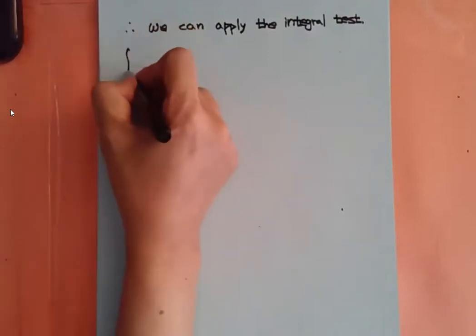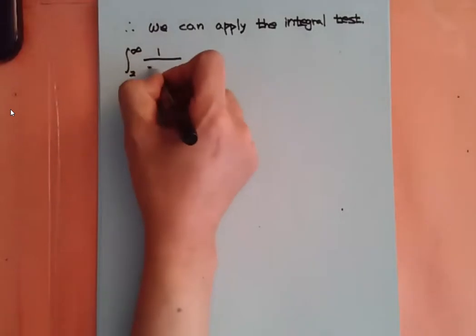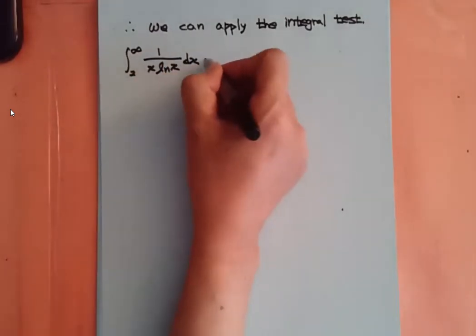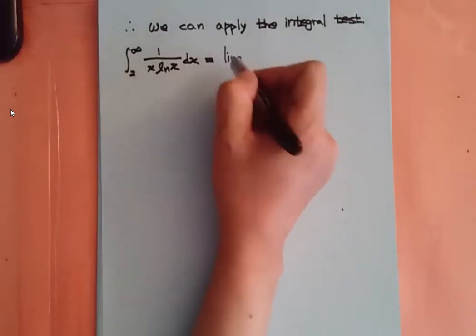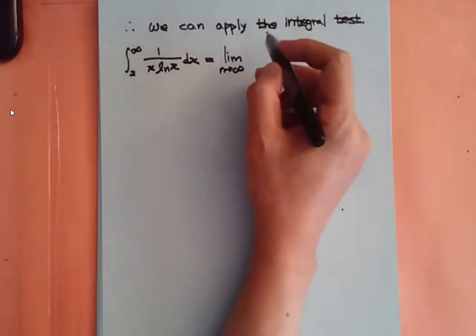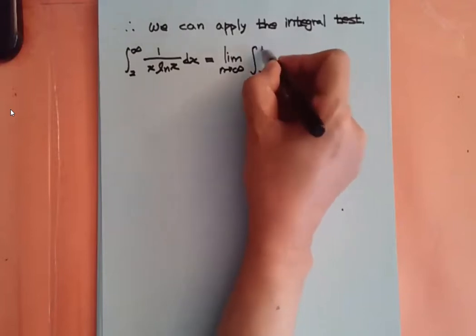So we think about the integral from 2 to infinity of 1 over x times natural log of x dx. By the definition of the improper integral, that equals the limit as n goes to infinity of the integral from 2 to n.